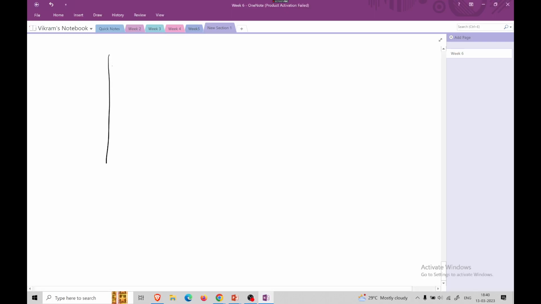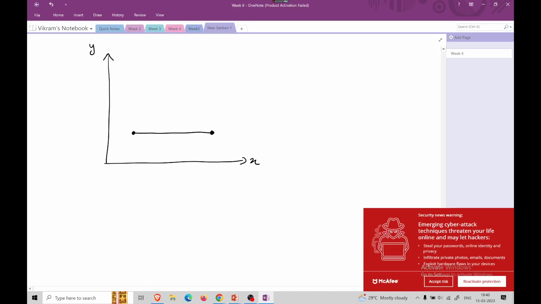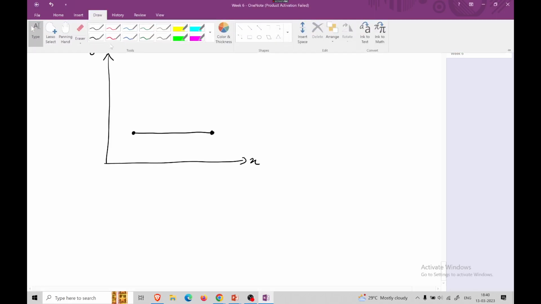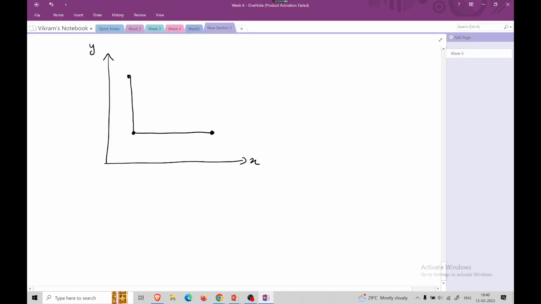So this is my xy coordinate system first of all. So I have a rectangle. So this is my x1 comma y1, x2 comma y2, x3 comma y3, x4 comma y4.